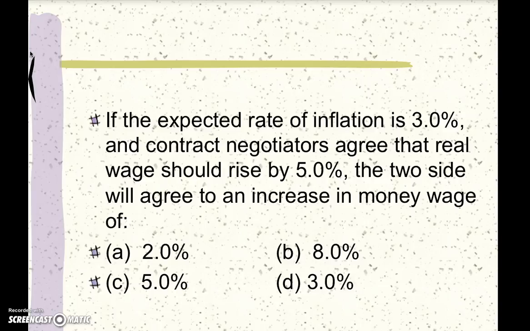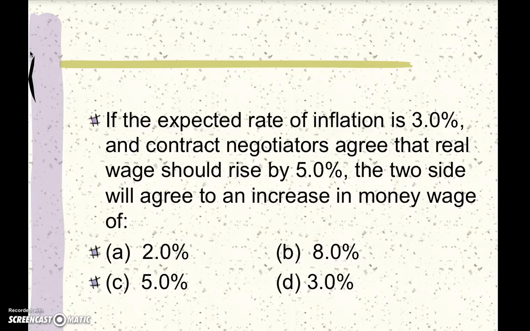How much would the union and the employer agree on in terms of your nominal increase? How much? Simple. All you do is you plug the figures back in the equation. What do we know? We know I. So R is equal to N minus 3 because I is 3%. We know what? At the bottom, 5. So R, which is 5, so 5 is equal to N minus 3.